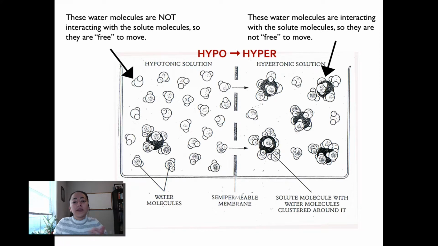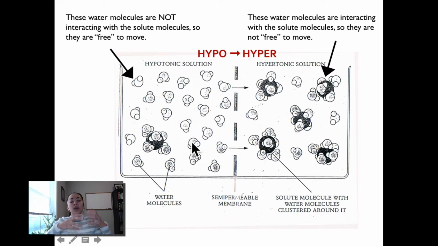Why does this happen? Well, let me explain how this happens by looking at this diagram here. The white molecules are the water. The dark circles are representing the solute in this case. So on the left side, we only have one solute molecule, and water tends to interact with the solute. So here you can see the water molecules surrounding the solute and interacting with it. When there's less solute in a solution, there's more free water molecules.